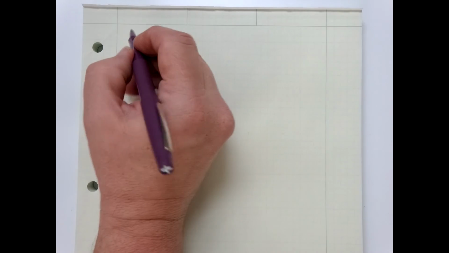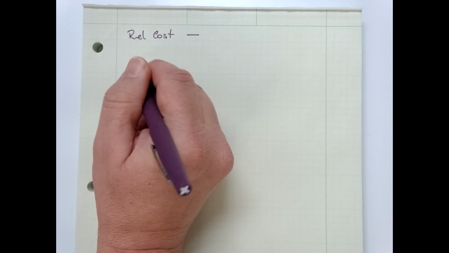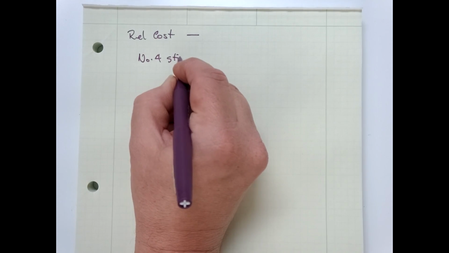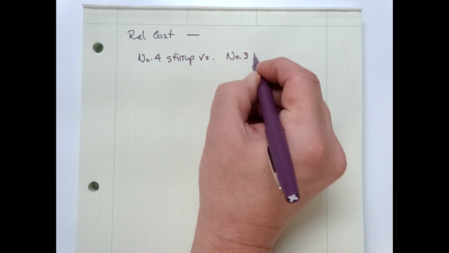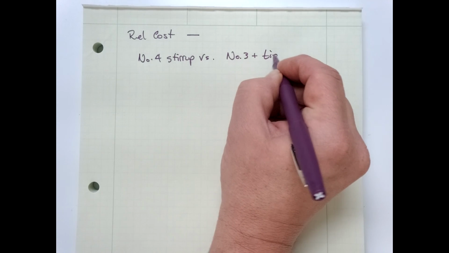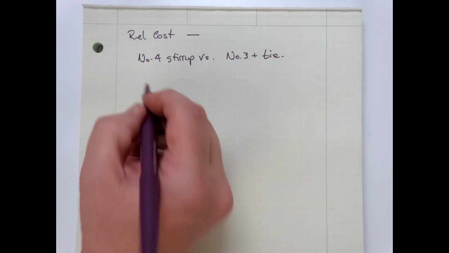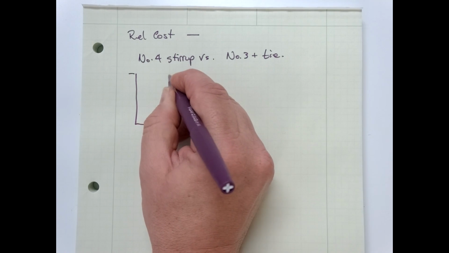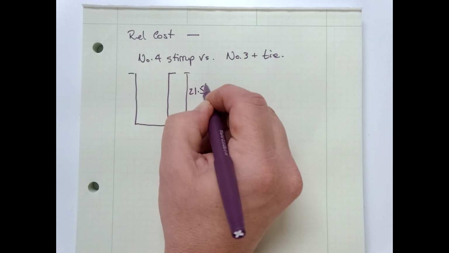So, what's the relative cost if I have a number 4 stirrup versus a number 3 plus a tie? Let's lay this out. This distance is 21.5 inches.